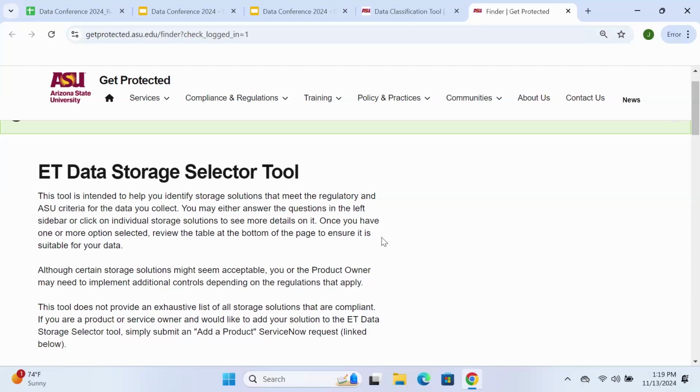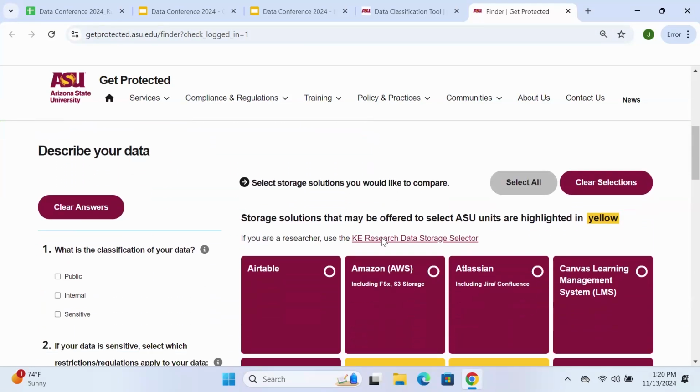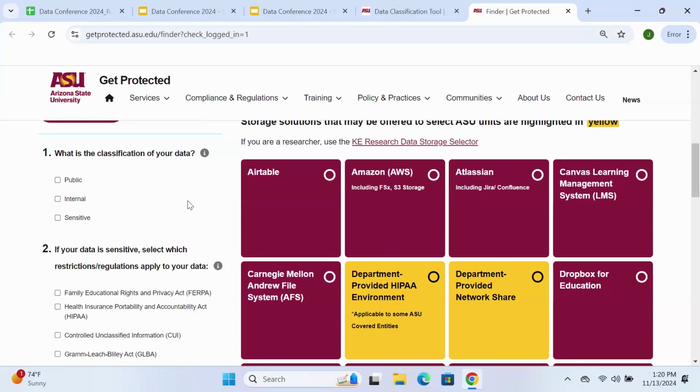Hey, this has to be behind 2FA. So we went through the painstaking and exciting process of mapping out all those rules to all of our enterprise-wide services to say which of these are compliant. And we put it all in this tool for you so that all you need to do is answer two simple questions to get the answer.